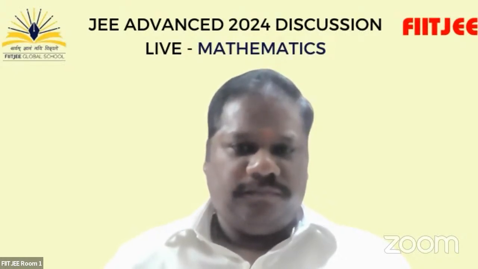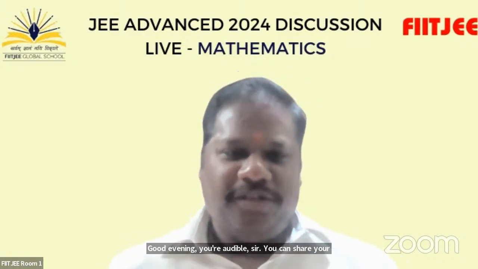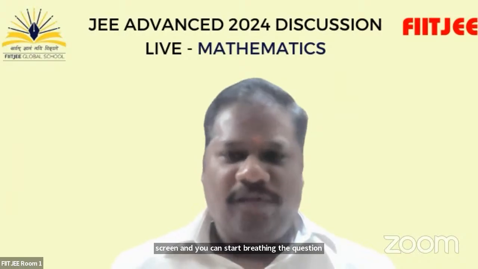Yeah, hi, sir. Good evening, sir. Am I audible? You're audible, sir. You can share your screen and start briefing the question. So Rahul, sir, is there with us now, going for the next question from JEE Advanced today.